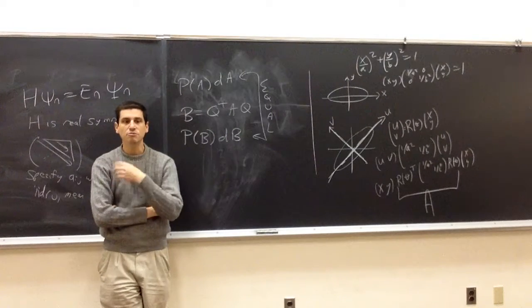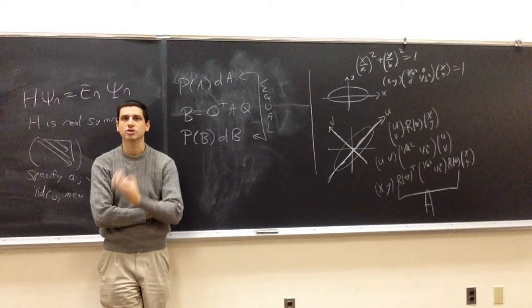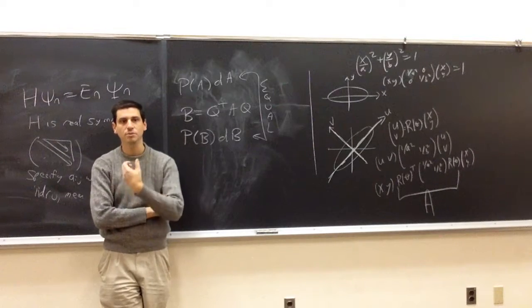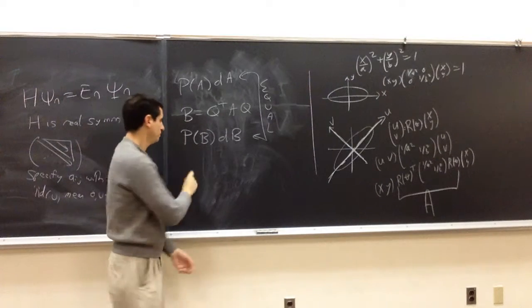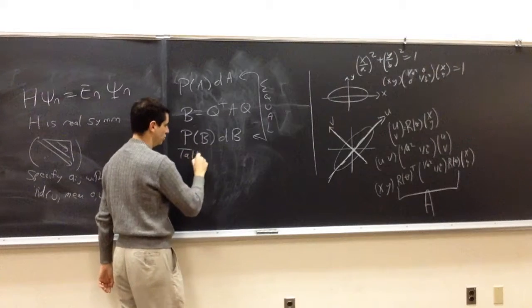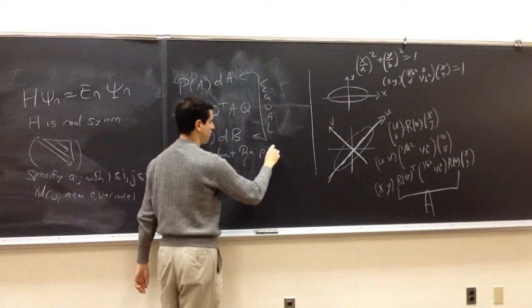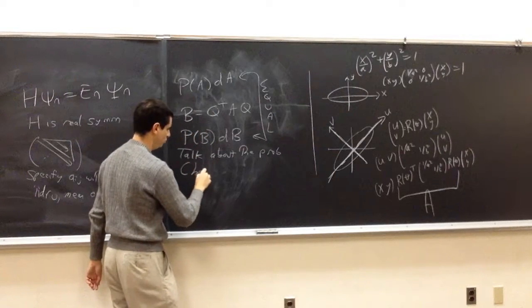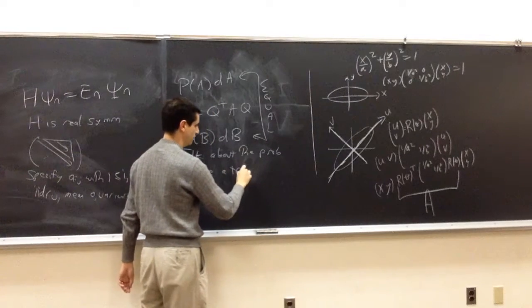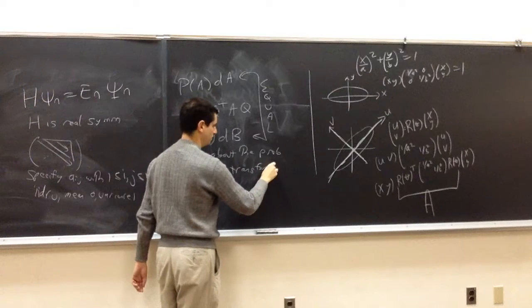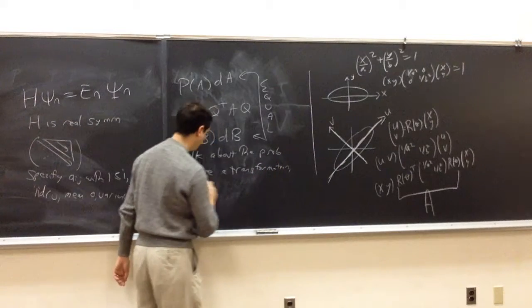Why? Because I'm really talking about the probability I choose a transformation, not the probability I choose a matrix. Not a representation.